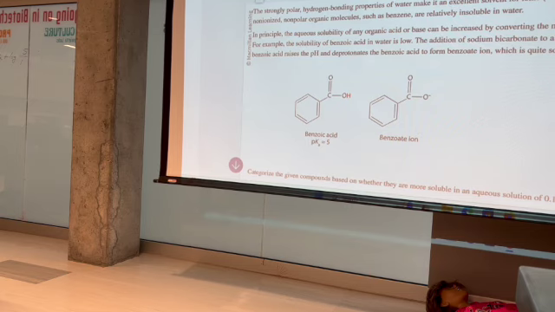So the strongly polar hydrogen bonding properties of water make it an excellent solvent for ionic species. By contrast, non-ionized, non-polar organic molecules such as benzene are relatively insoluble in water. So in principle, the aqueous solubility of any organic acid or base can be increased by converting the molecules to charged species.